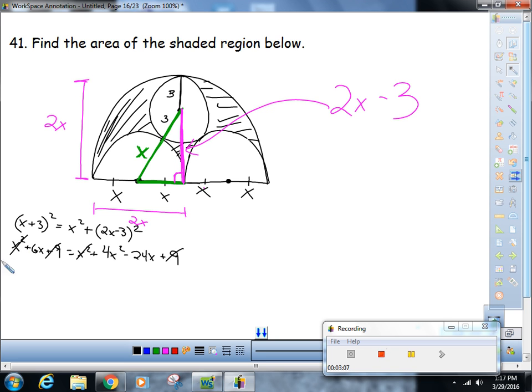That's what we have left. So let's move this 6x over here by subtracting it. So you get 0 is 4x squared. No, I think it should be 4. I've canceled those x squareds. So 4x squared minus 30x.